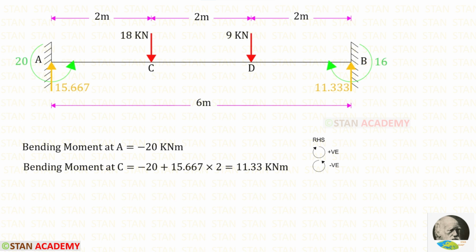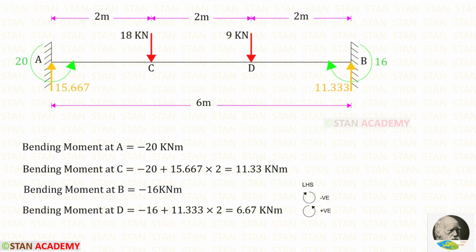Let us find the bending moment at the point C. MA is acting in the anti-clockwise direction, so it will be negative. RA is acting in the clockwise direction, so it will be positive and the distance is 2. For the bending moment at C, we are getting 11.33 kN·m.